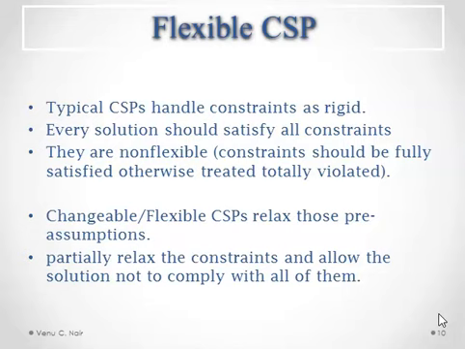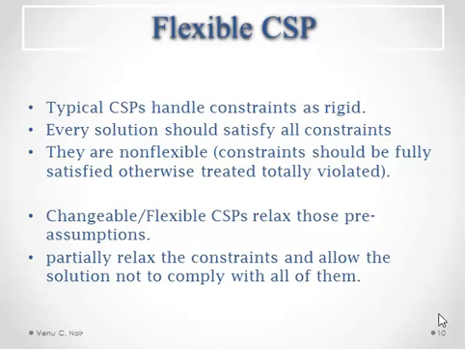They are said to be non-flexible because if any of the constraints are not satisfied, it is treated as violated. The rules are being violated. Now we have another form of CSP, which is called changeable CSP or flexible CSP, where we have the provision to relax some of the pre-assumptions made on these constraints.